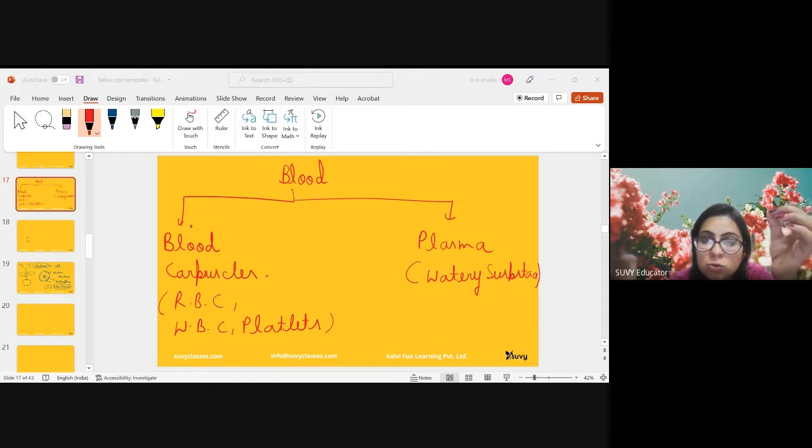So your blood will stop flowing. If that clot is not formed, what will happen?